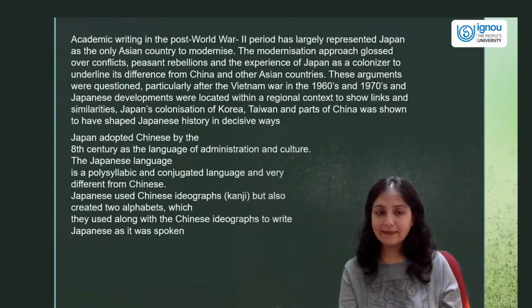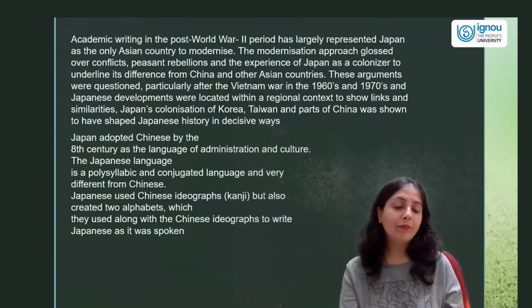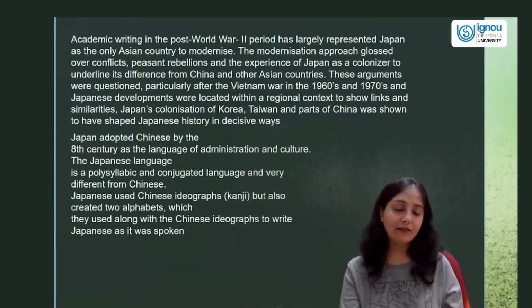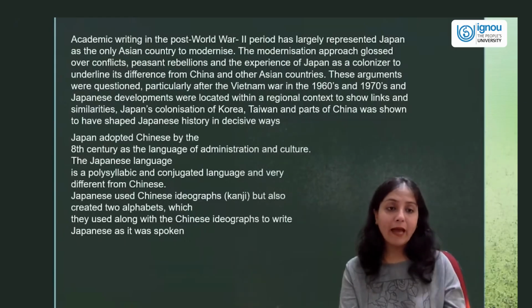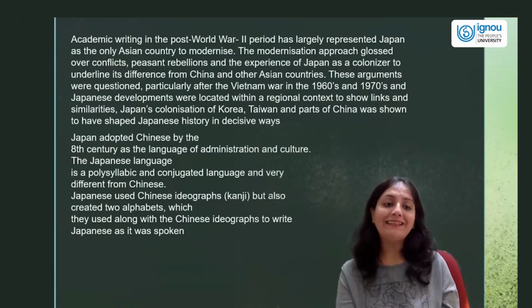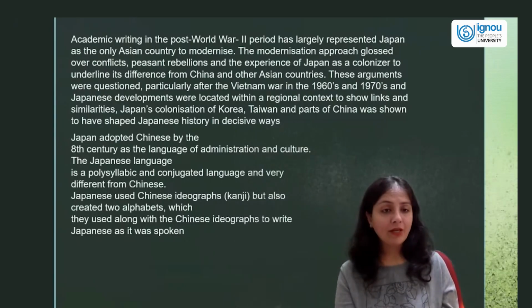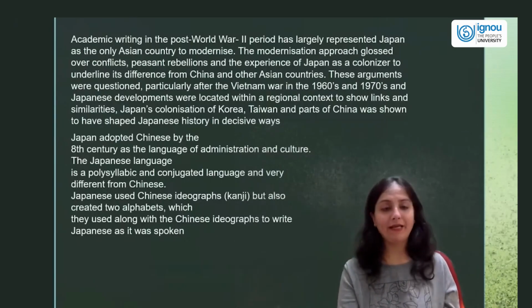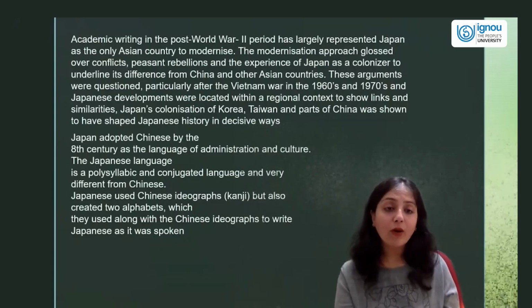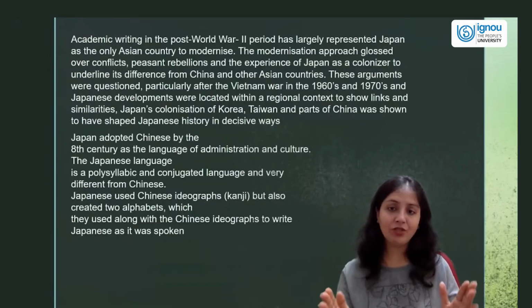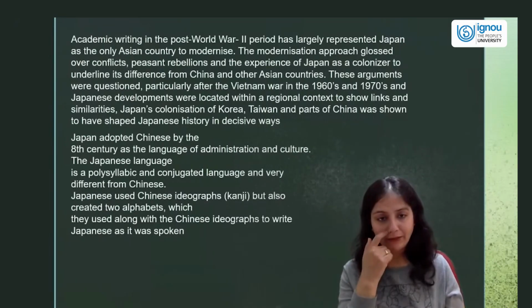The Japanese language is polysyllabic and conjugated, and very different from Chinese. If we compare the Chinese language and the Japanese language, both are different.